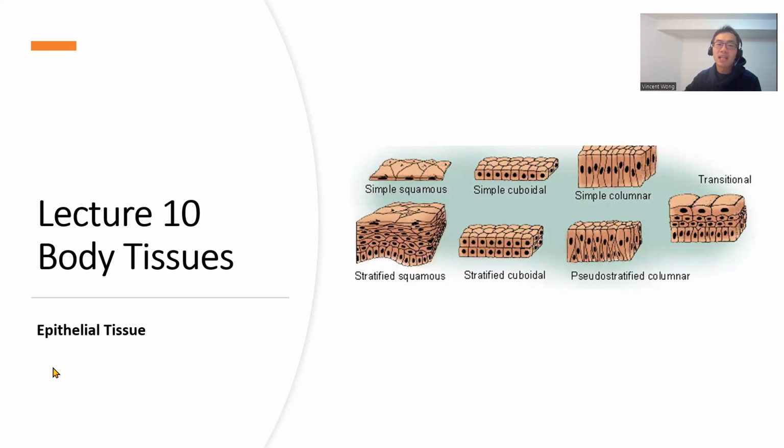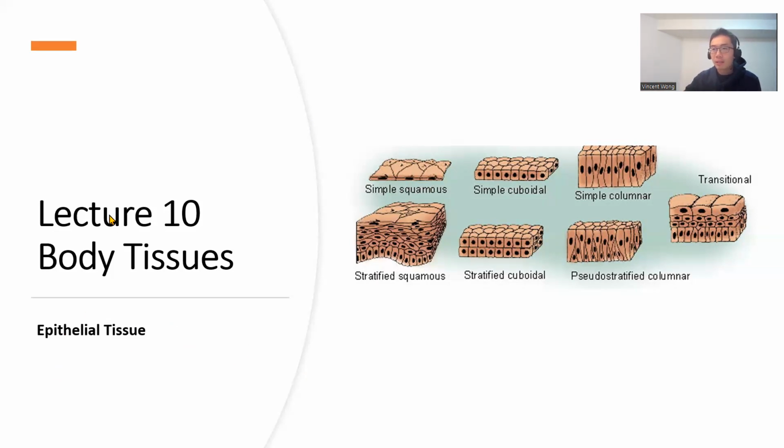So let's start with the epithelial tissue. Epithelial tissues are tissues that will cover the surface of an organ, or if the organ is hollow, like the stomach, like the heart, the inside of the chambers are also going to be covered by a layer of epithelial tissue.